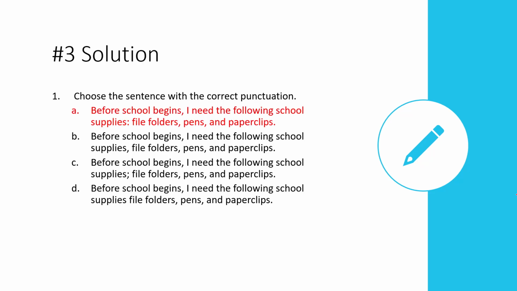If you select A, you are correct. Remember, when you are preparing to present a list, and you have a complete sentence, such as, before school begins, I need the following school supplies, that is a complete sentence, although it doesn't necessarily tell you what the supplies are grammatically. So when you have the complete sentence, you can end that complete thought with a colon, and then you can list the items that you need.